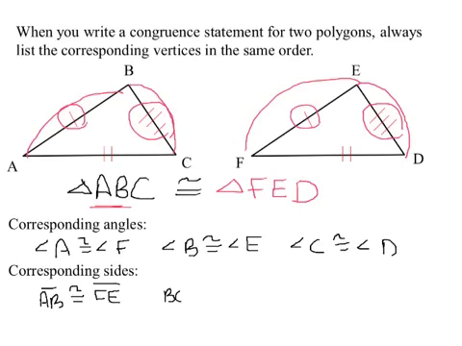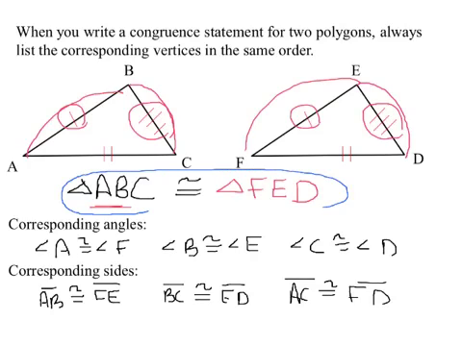BC is congruent to ED. And AC is congruent to FD. We can gather all that information from just looking at this statement too. Everything's written in the right order. Segment AB is congruent to FE, segment BC is congruent to ED, and AC is congruent to FD.